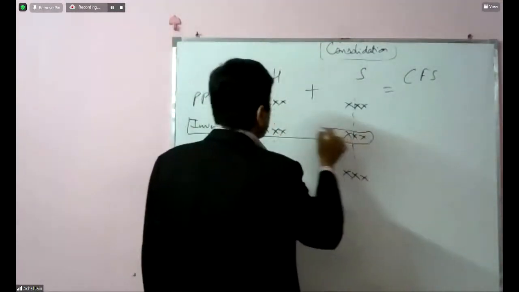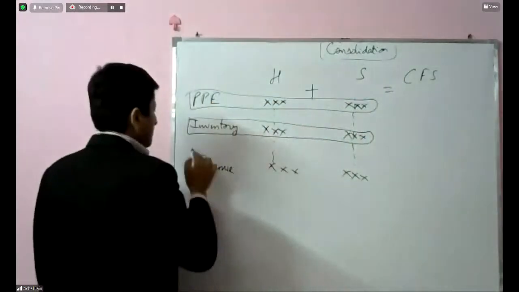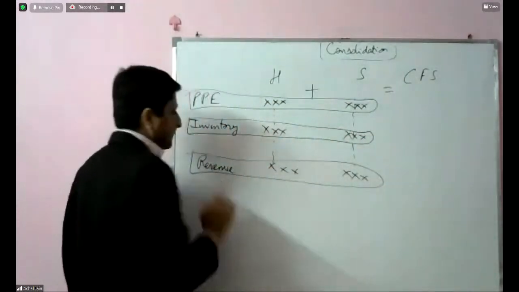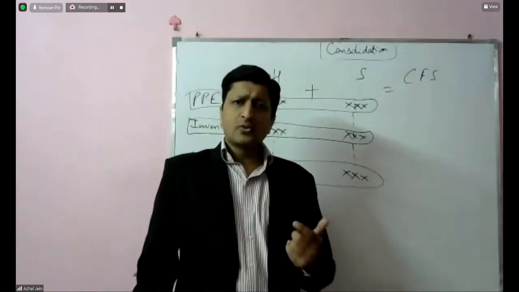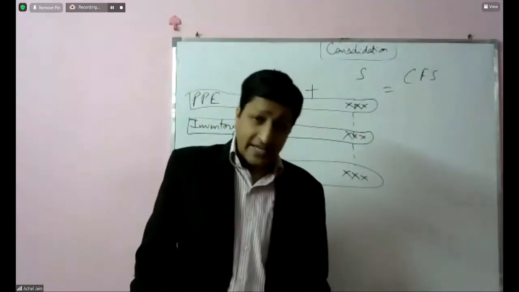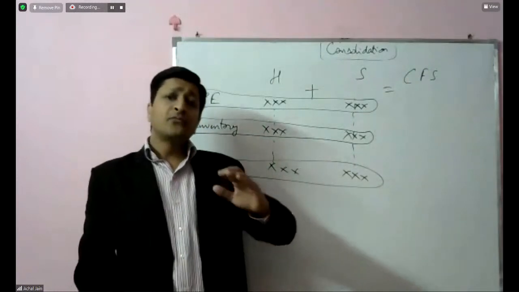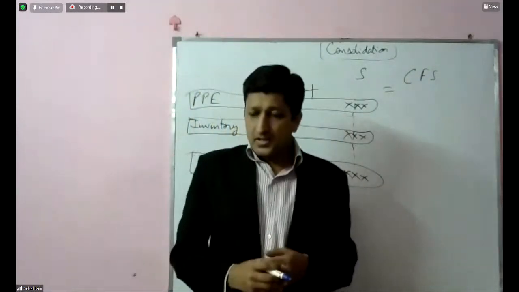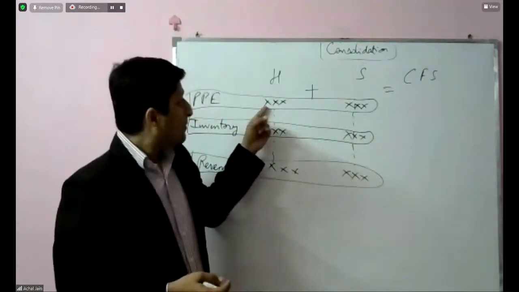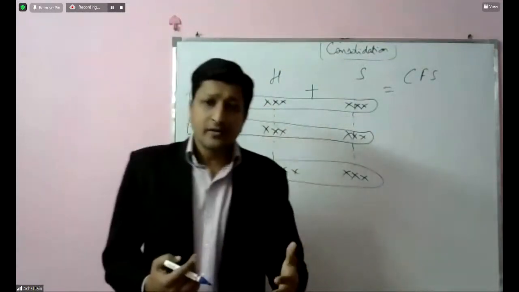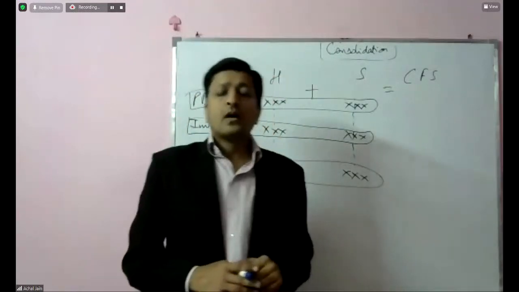Now, in these three examples that I have picked up, and these could be about any three items or any of the components, what further becomes important is that the way these amounts are recorded by both the companies is similar.